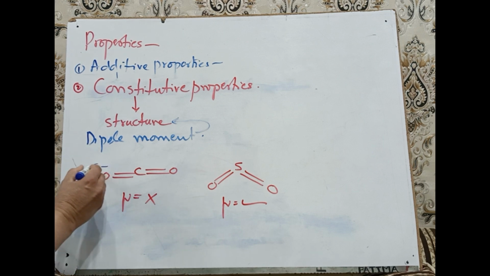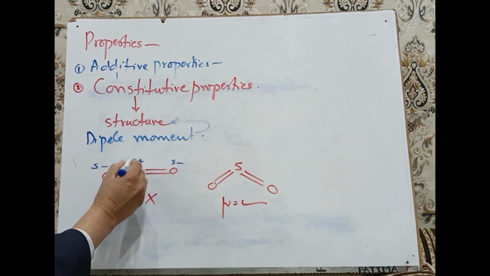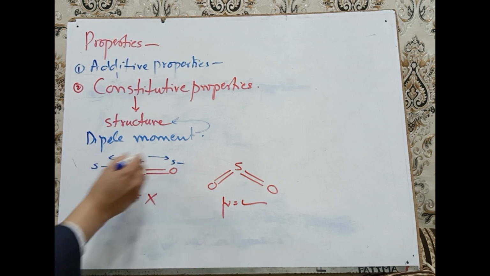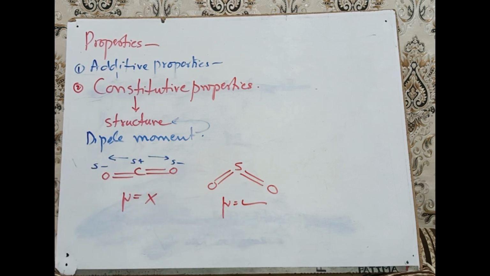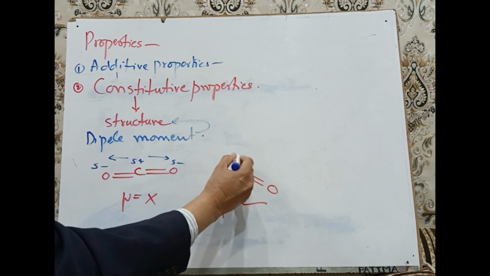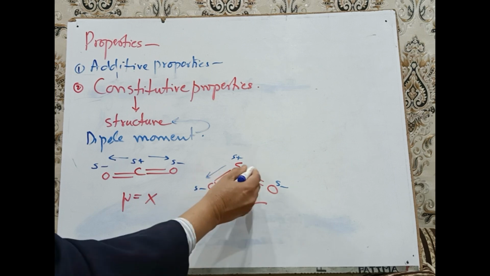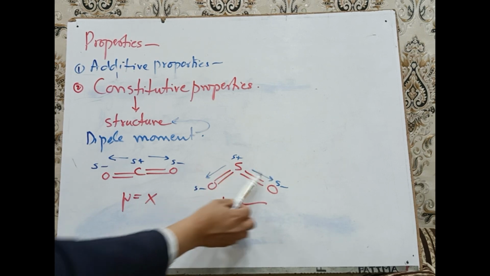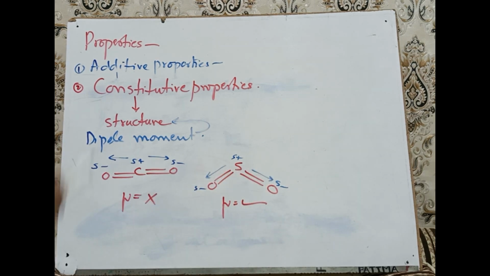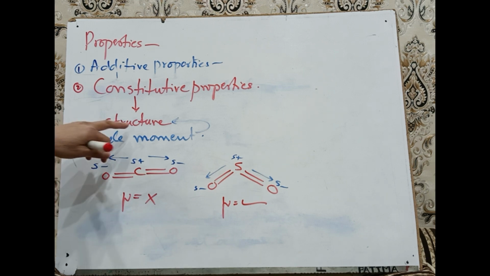CO2 is a linear molecule, so the dipole moments cancel each other, whereas SO2 is an angular molecule, and when both the dipole moments are added, they give a net dipole moment to SO2. Hence, SO2 is polar, CO2 is non-polar, and this is due to their structure. Such type of properties are called constitutive properties.